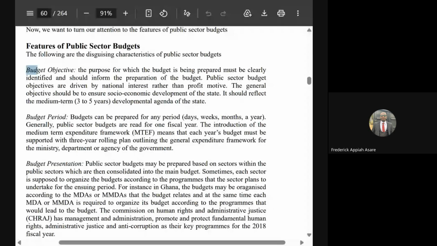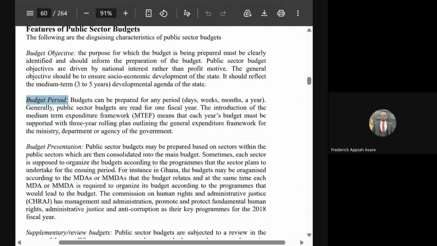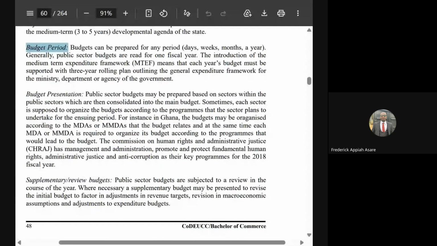One key feature of a budget is that it must have an objective, that is the purpose for which the budget is being prepared. Two, the budget must have a period that the budget will cover.